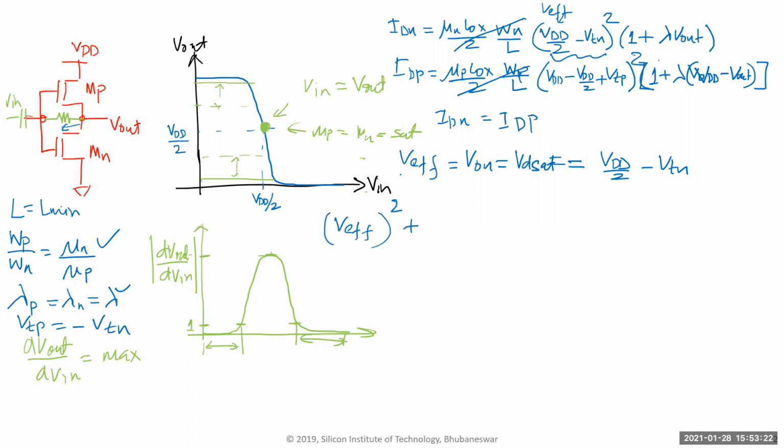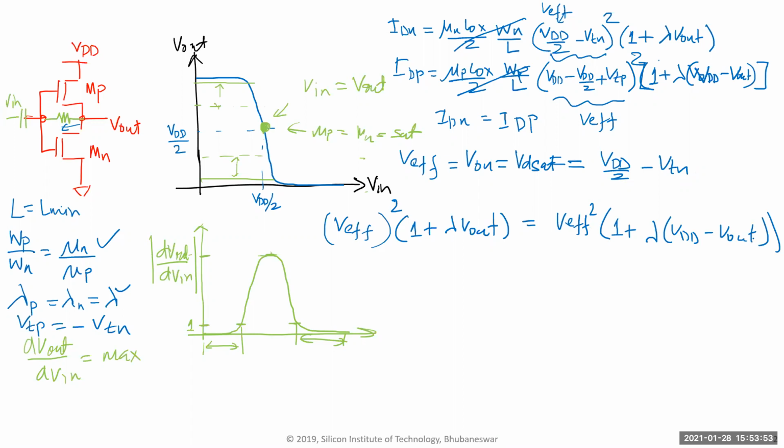Times (1 plus lambda V out) is equal to, this is also V effective, right? Because VDD plus VTP, but we've set VTP equals minus VTN. So that's also V effective, right? So V effective square times (1 plus lambda times (VDD minus V out)), right?